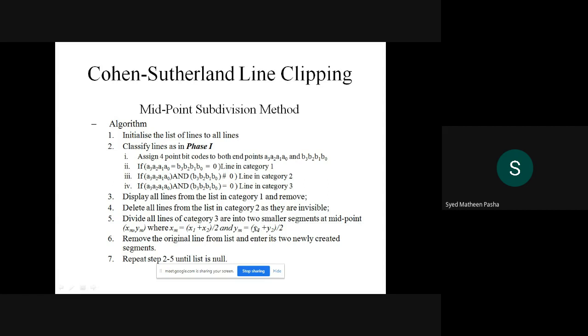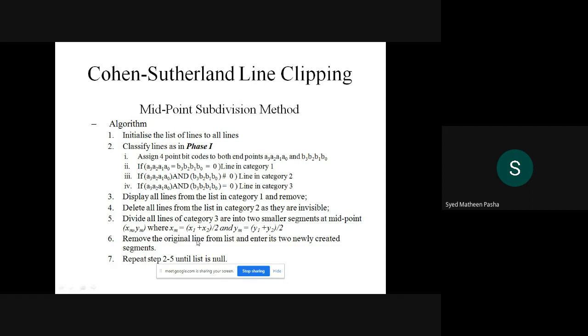It will then divide the line into smaller segments with respect to some formula, xm, ym, which you will calculate. Once you calculate the smaller segments, it will remove the original line from the list and then enter its 2 newly created lines there.